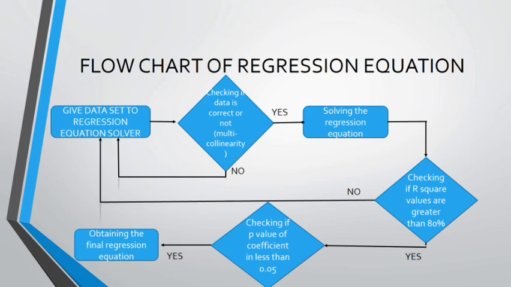If the R square value is less than 80%, then we go to the data again, improve the data, get more data and try to increase our R square value. Then we check the p-values of our coefficients. If they are more than 0.05, then we neglect them, and if they are less than 0.05, then we move on with the equation, and finally we get our final regression equation.